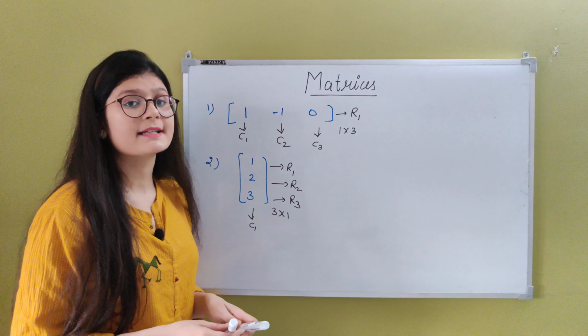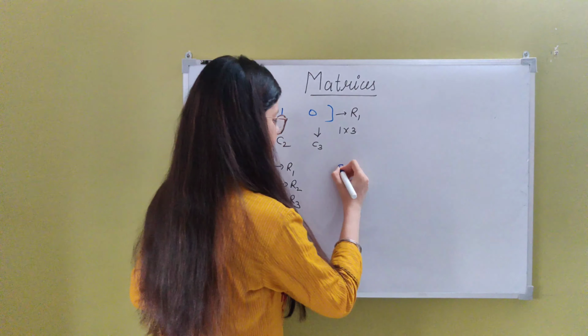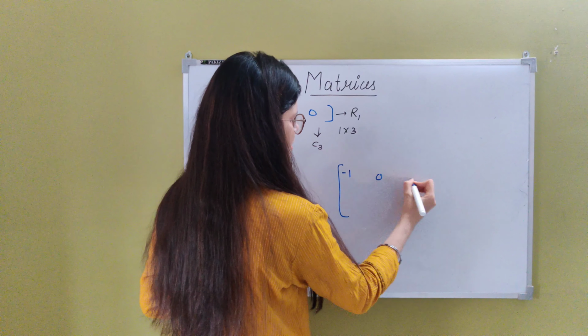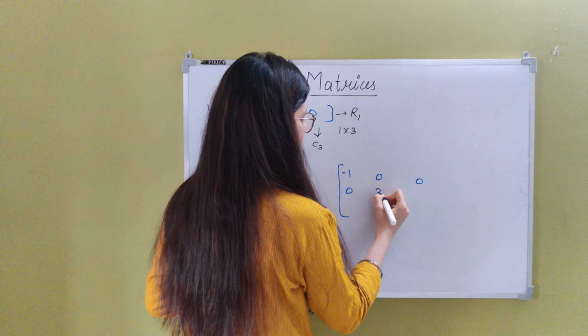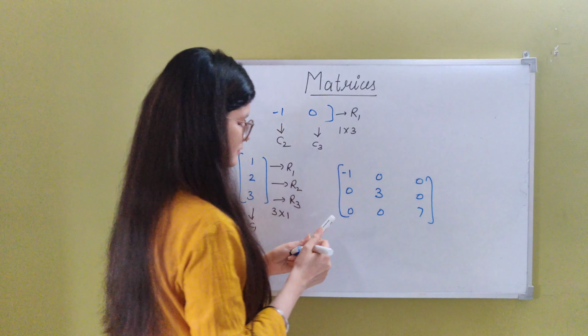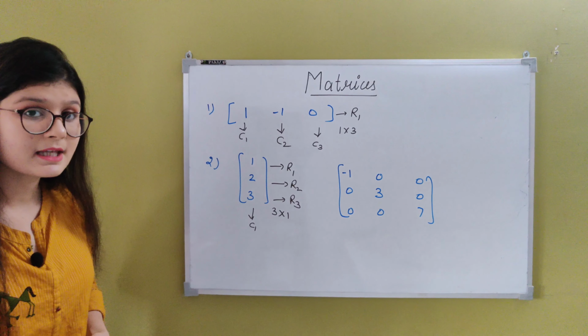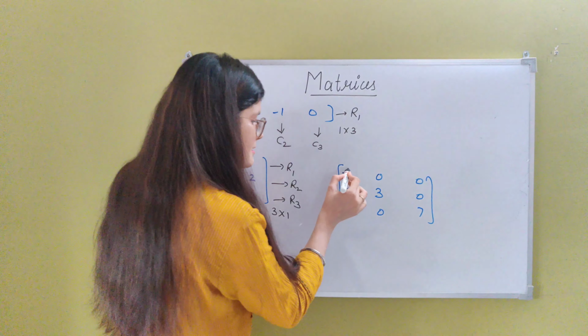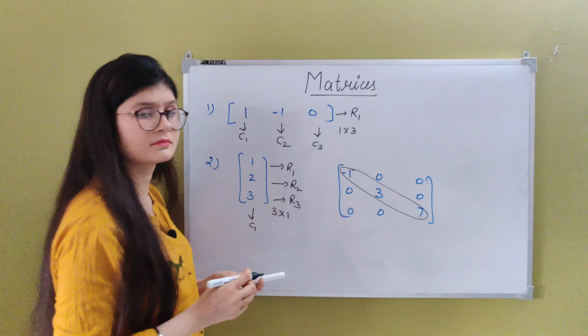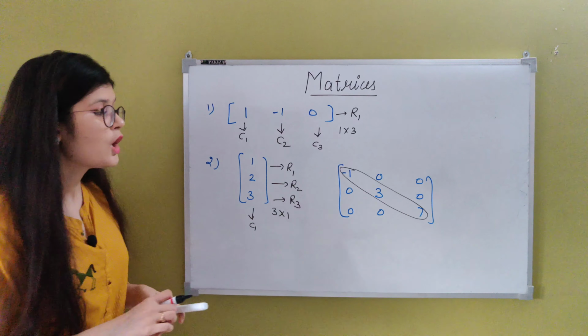Now the next is the diagonal matrix. I'll take 1, or again -1, 0, 0, 0, 3, 0, 0, 0 and 7. As you can see, this is your diagonal.